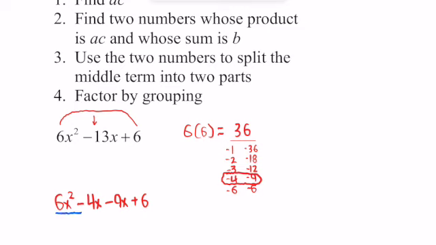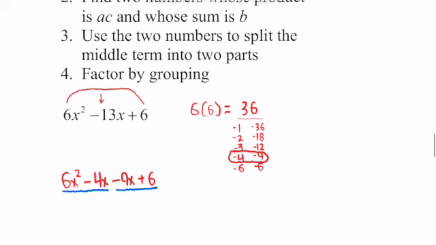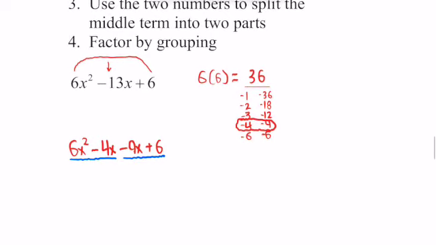We'll group our first two terms together, 6x squared minus 4x, and we'll group our second terms together, negative 9x plus 6. From 6x squared minus 4x, we could factor out a 2x, and we would be left with 6x squared divided by 2x is 3x, minus 4x.